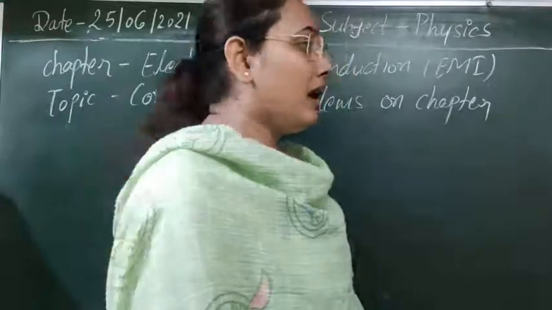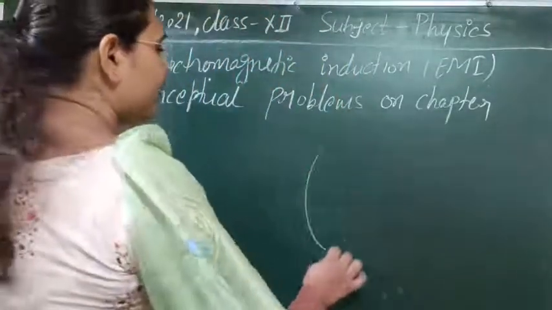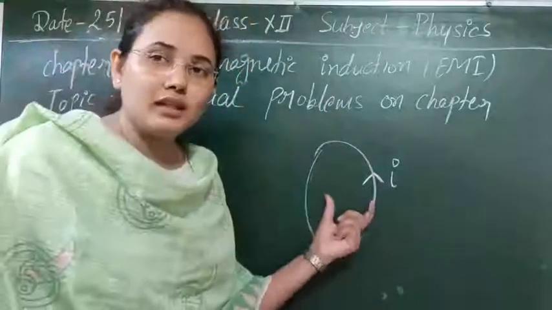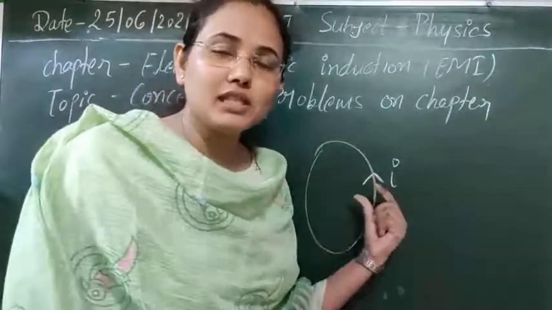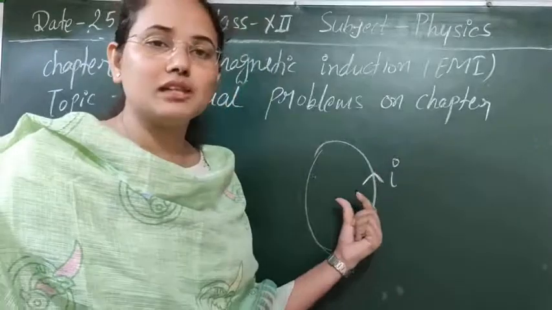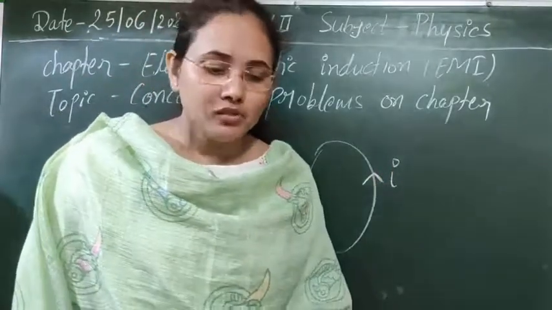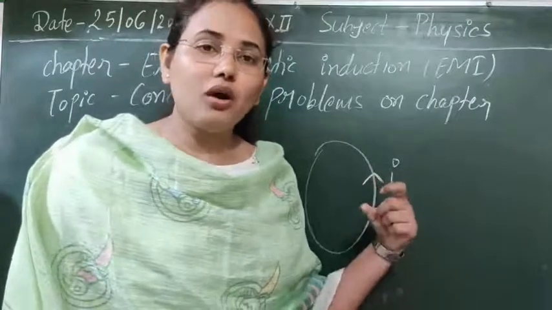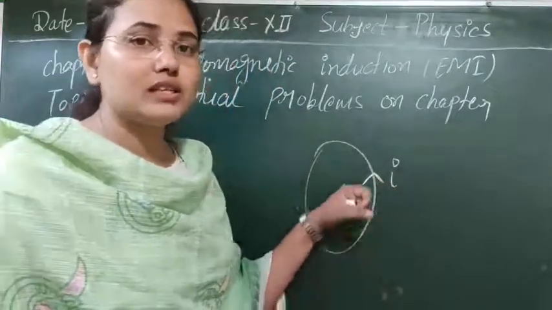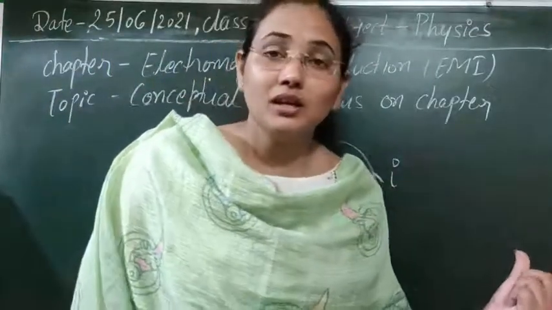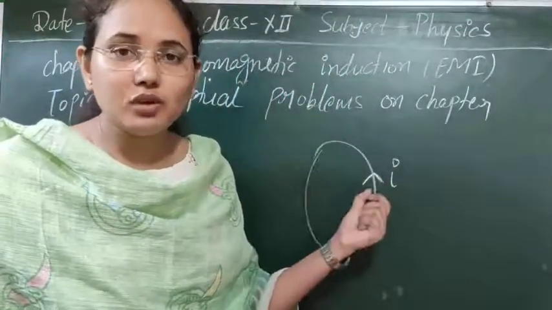So suppose we have a coil in which current is flowing in this direction. When current is flowing, flux will change through this coil, and due to the change in flux there will be production of induced EMF. That induced EMF will always try to oppose its own cause, meaning the change in current, so that flux will not change. That is Lenz's law, you know that.